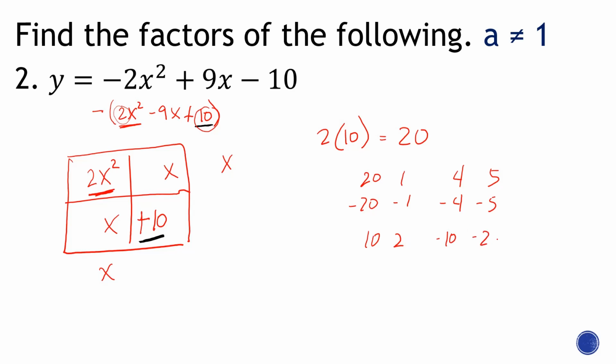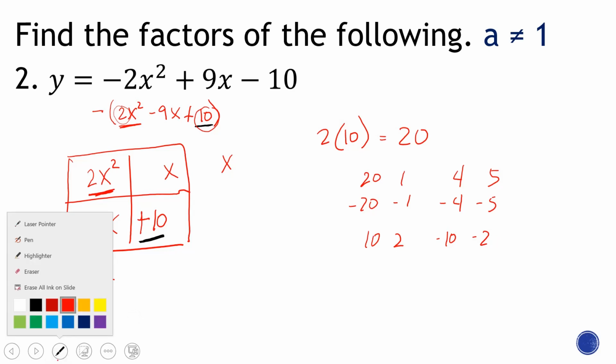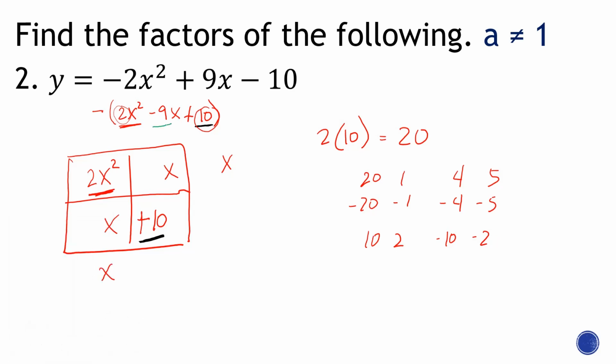Now, which of those 6 pairs will give us a sum of negative 9? Let's check. 20 plus 1, that's not 9. Negative 20 plus negative 1, that's not 9. 10 plus 2, that's not negative 9. 4 plus 5 is positive 9, but we want negative 9, so no. Negative 4 plus negative 5 is negative 9. Let's check the last one: that's negative 12, so no.